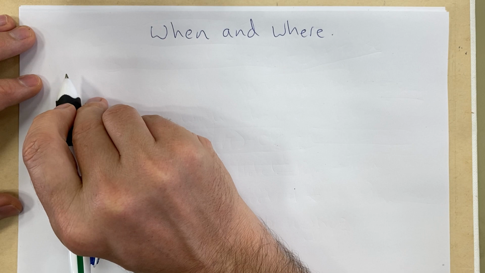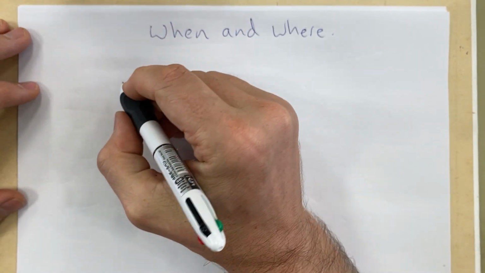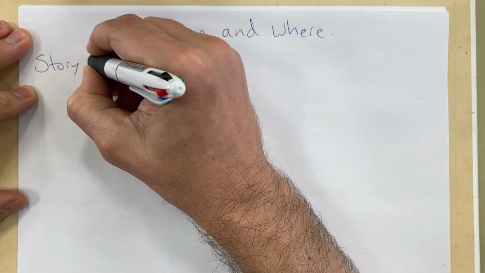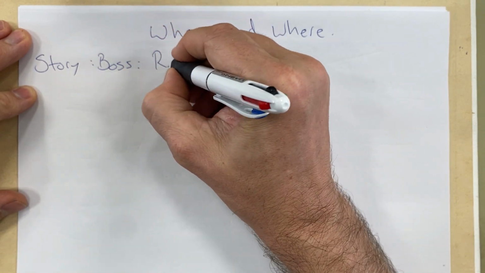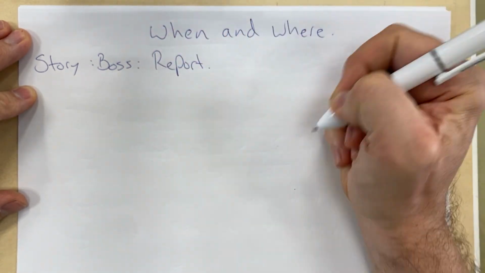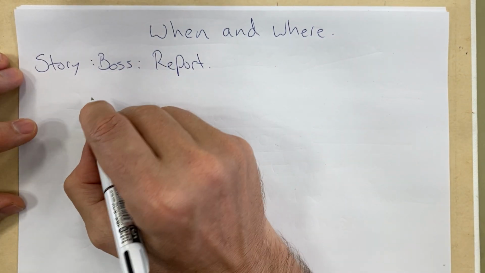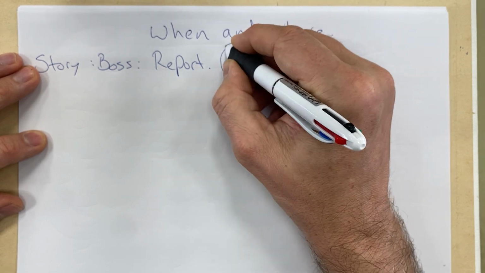So, how does this when and where work? Well, firstly, when you're telling a story, maybe to your boss, about your report, he's going to ask you where the report is or why the report isn't good, right?